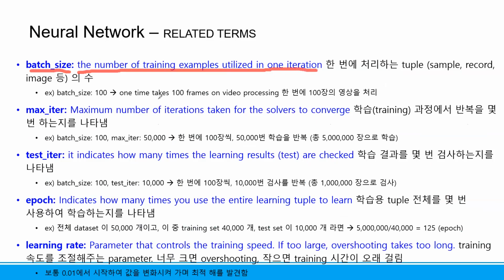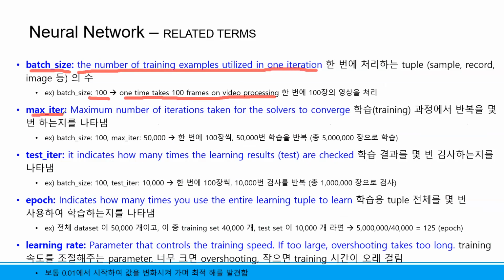So let's say we have batch size 100. Then one time of the training, it takes 100 frames of video processing. So if we specify 100, then we will take 100 data. So it depends how you define this number. And those numbers, we need to specify by ourselves.